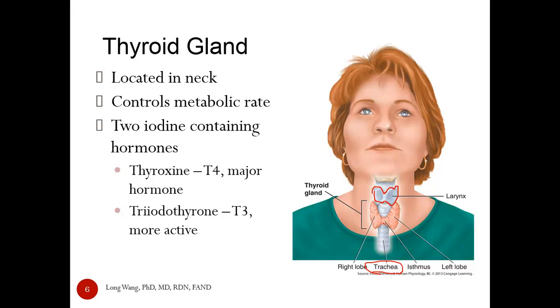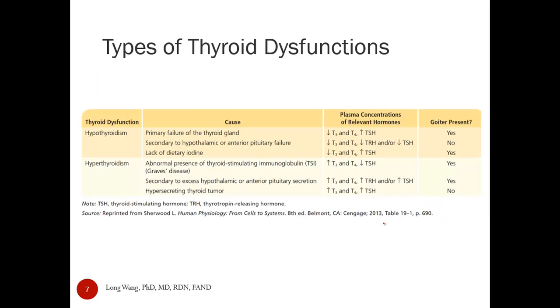And we already mentioned there are two types of thyroid hormones, T3 and T4. Both are considered thyroid hormones, and both have a profound impact on metabolism.